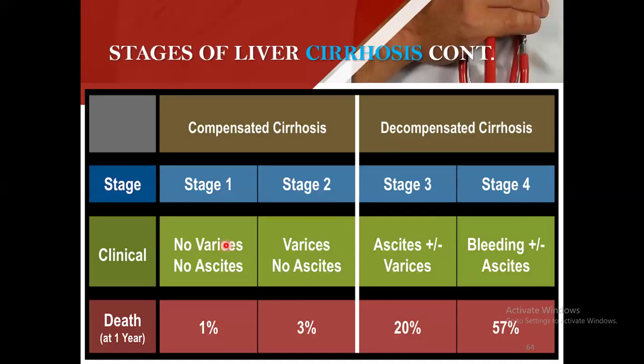So all of them, when they are draining into the portal vein, cannot send it anywhere. So now the portal vein will move the blood backwards. When they come back, they are coming back to the main veins. So the one from the left gastric vein has a connection to the esophagus.